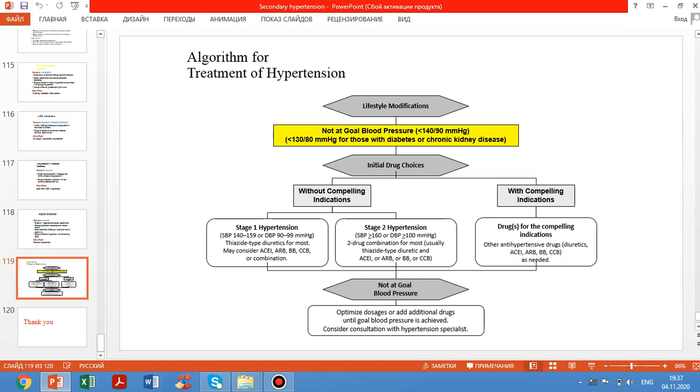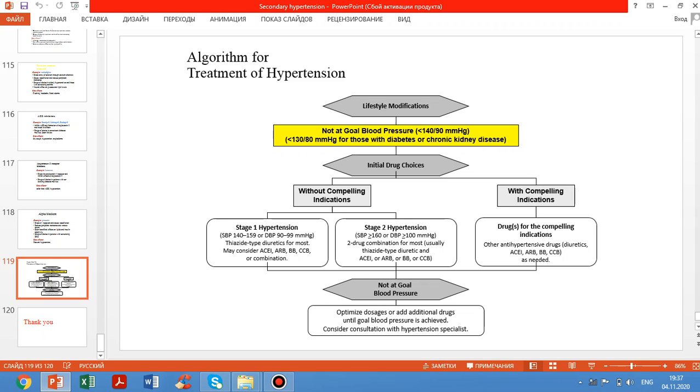In stage 1 hypertension, the most commonly used are diuretics. Consider also other drugs like angiotensin converting enzyme inhibitors, angiotensin receptor blockers, beta blockers, calcium channel blockers, or their combination.